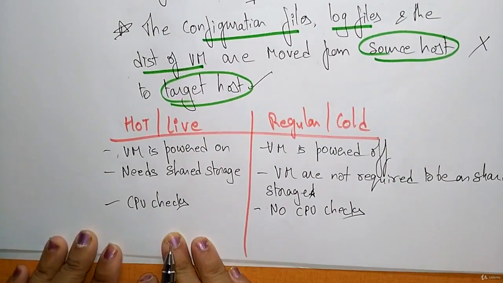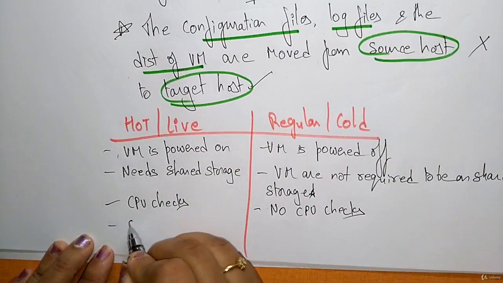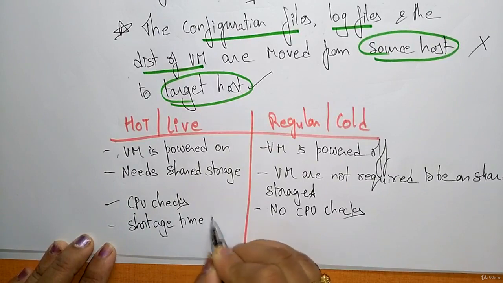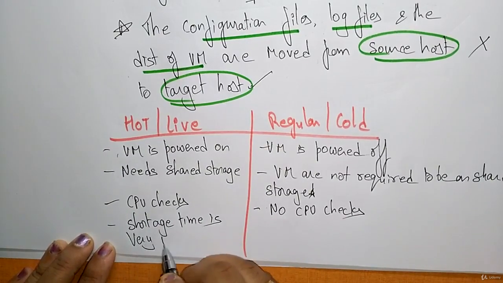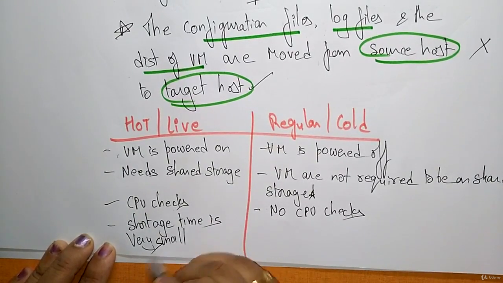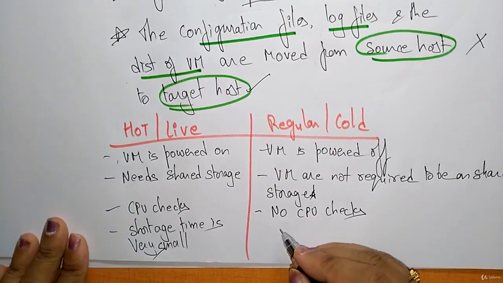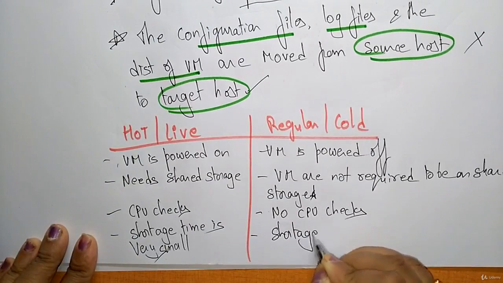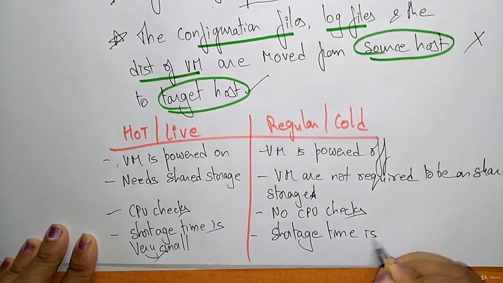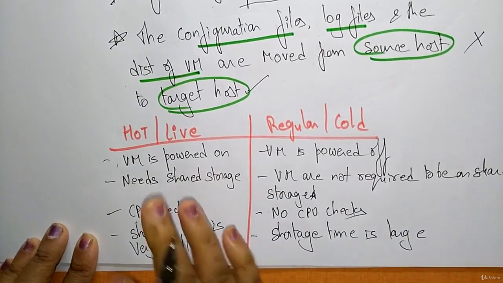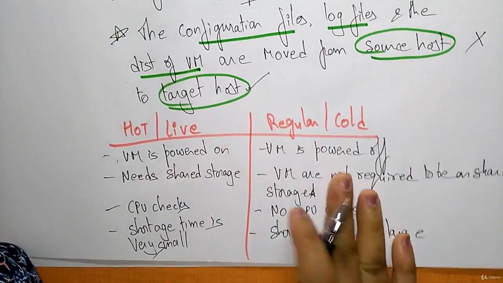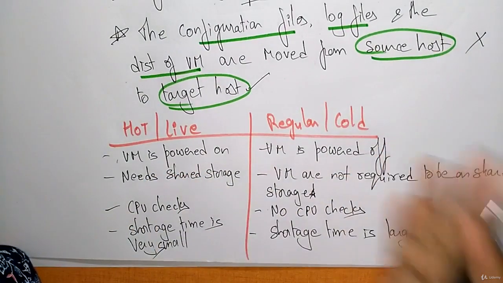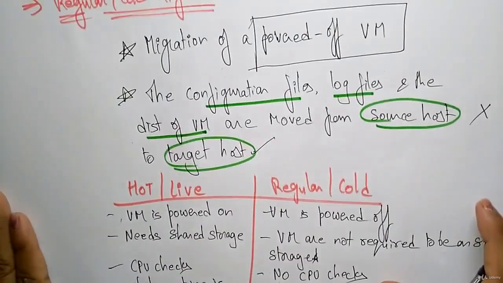You have to check the CPU status frequently. Downtime is very small in hot or live migration, whereas in regular or cold migration, downtime is large. These are the differences between hot or live migration and regular or cold migration. The latter is the simpler process.